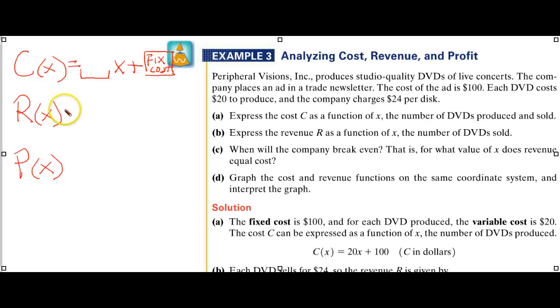Now, when you sell an item, it brings in money, and that's called revenue. That's what the R stands for. Now, you're going to sell these packets of stationery, and you're going to figure out some kind of cost of the selling price of that packet so that you can eventually make some money.